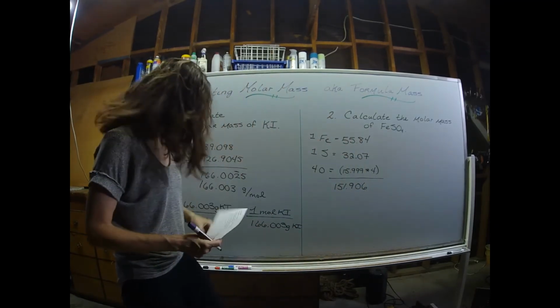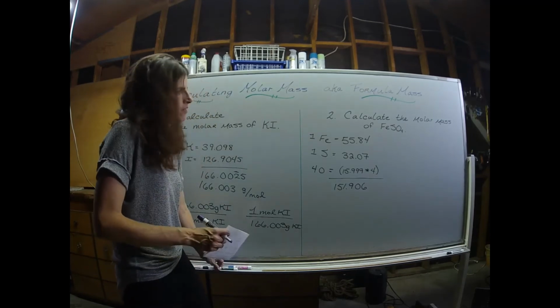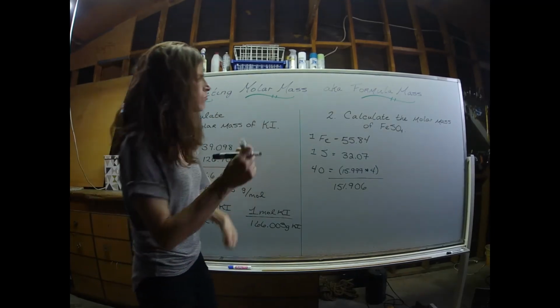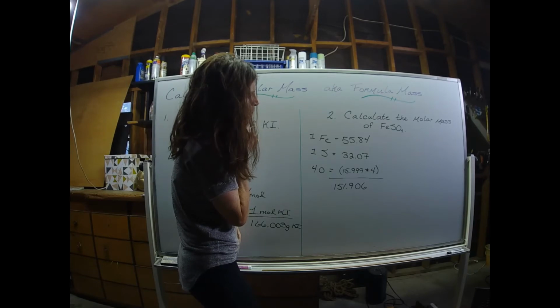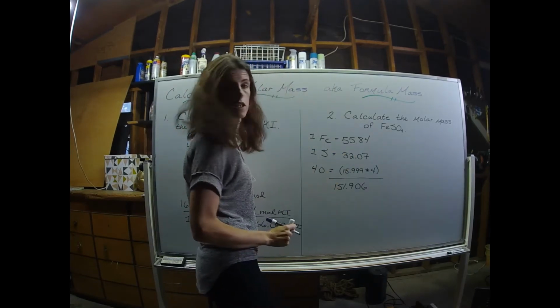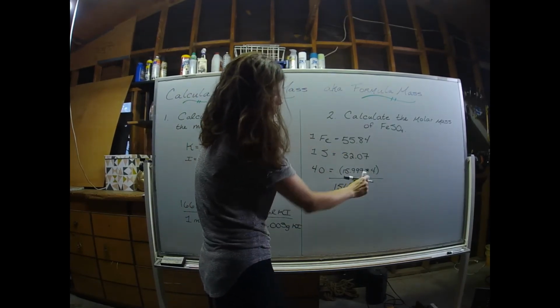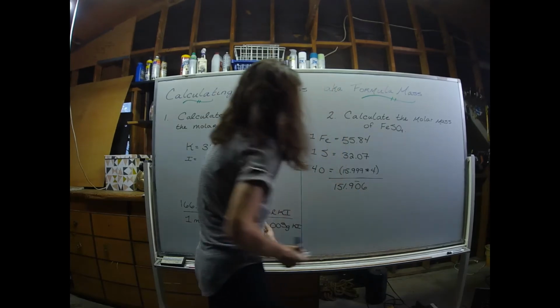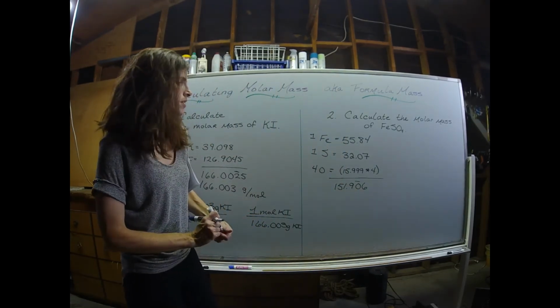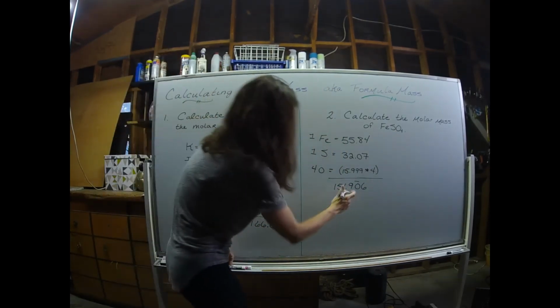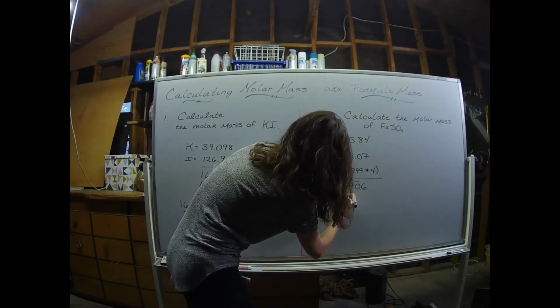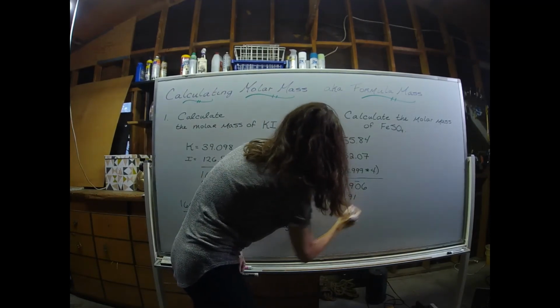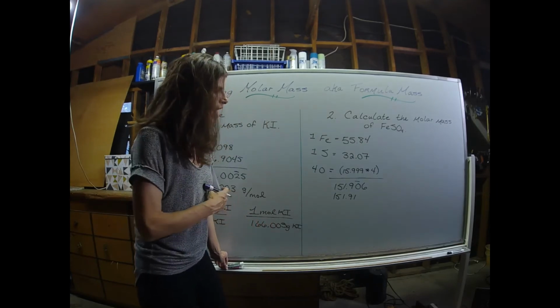And again, check sig figs, make sure that's all fixed. So 2 decimal places here, 2 decimal places here and 3 decimal places here. So it looks like we can only go to 2 decimal places. So I'm going to round this up because of the 6 to 151.91.